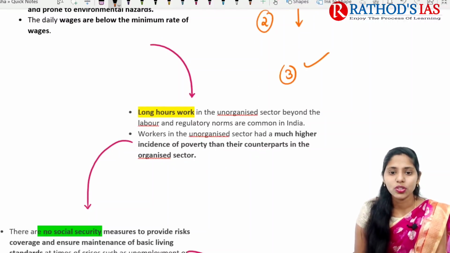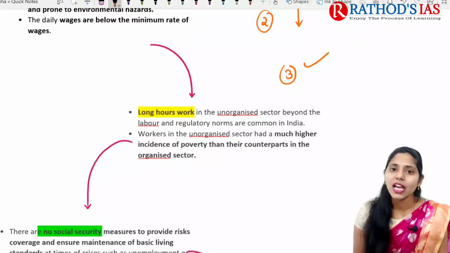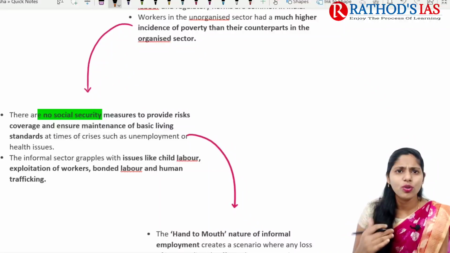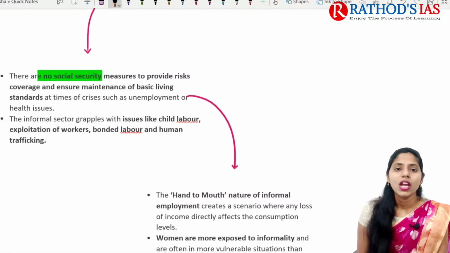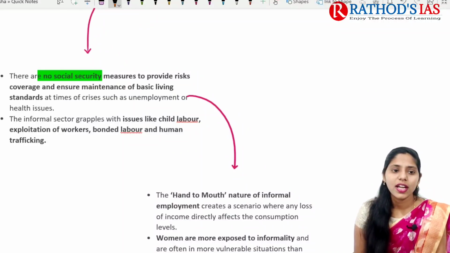Workers in the unorganized sector have a much higher incidence of poverty compared to the organized sector because of low wages. And for the unorganized sector, there are no proper social security benefits.